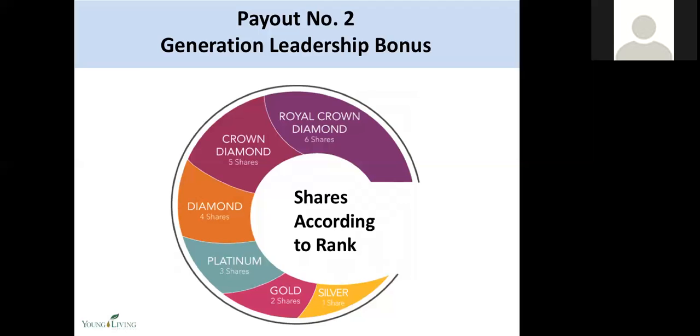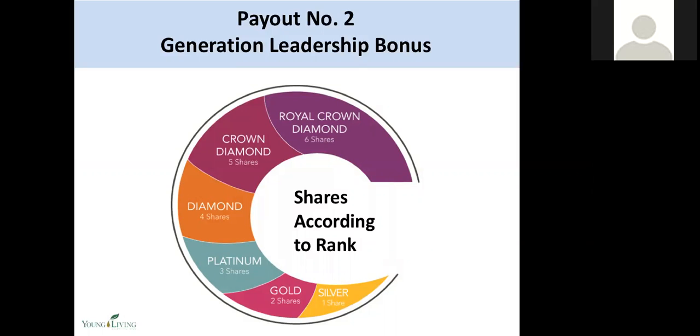So the other limitation is that, again, if we remember that you get paid so many levels of generation commissions based on your rank. As a silver, you get paid personal generation, and then generation level 2 and generation level 3.